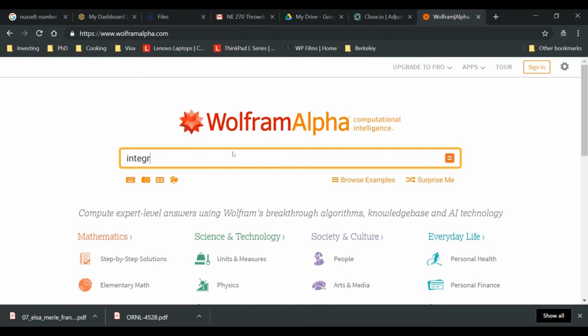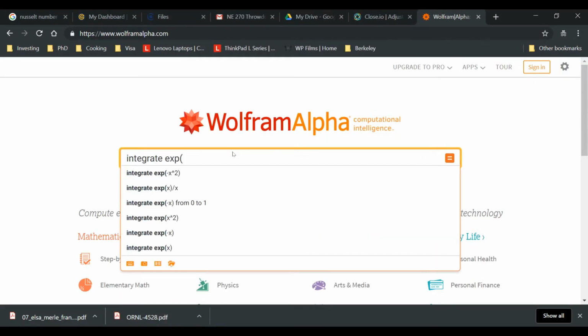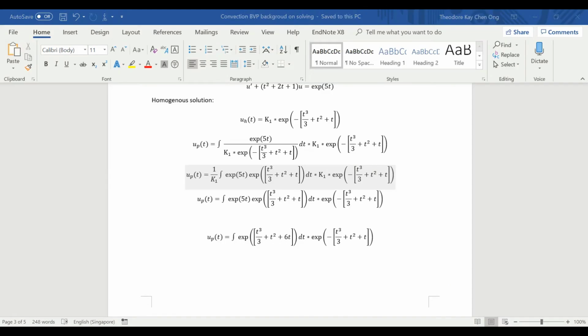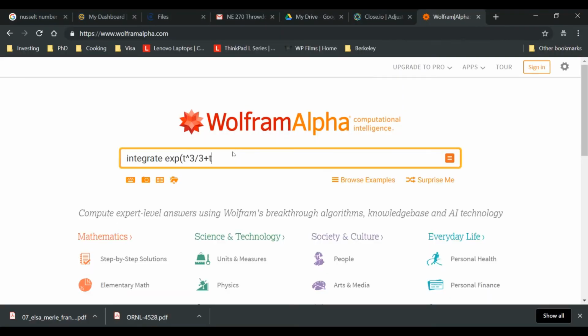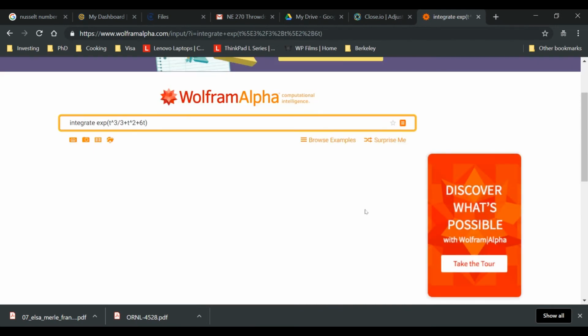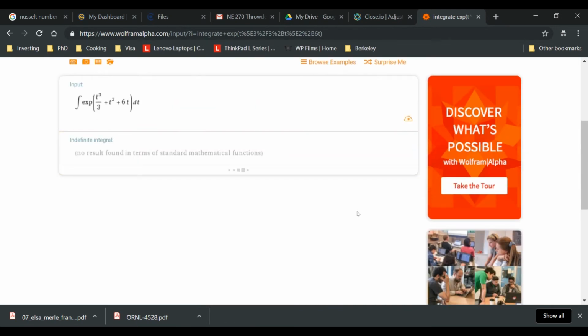So integrate exponential of t cubed divided by 3 plus t squared plus 6t. And let it do it for us. I'm not going to go through all the steps.